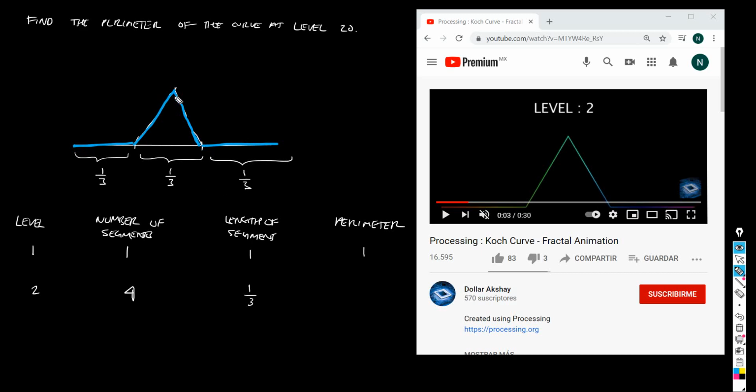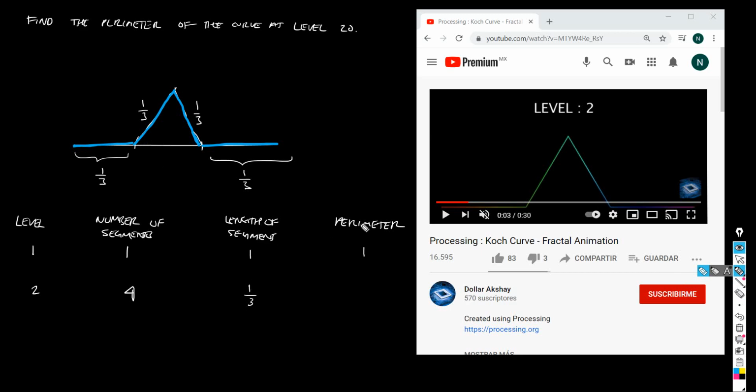Okay, and since this is an equilateral triangle, that means that this segment and this segment also measure 1/3. So it's going to be 1/3 and 1/3, and we don't care about this because this is not part of the curve at level 2. It's only this, and this. So the length of the segment at level 2 is 1/3. I hope I have convinced you of that.